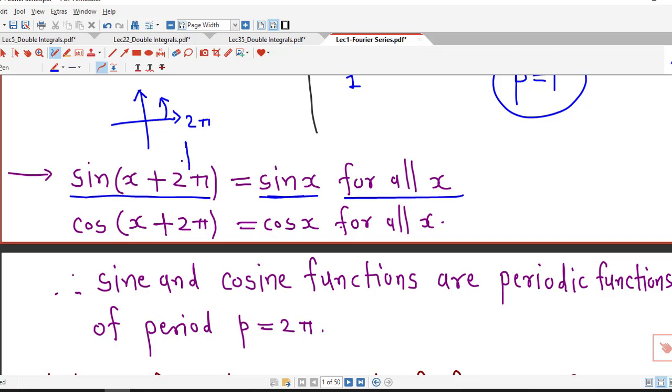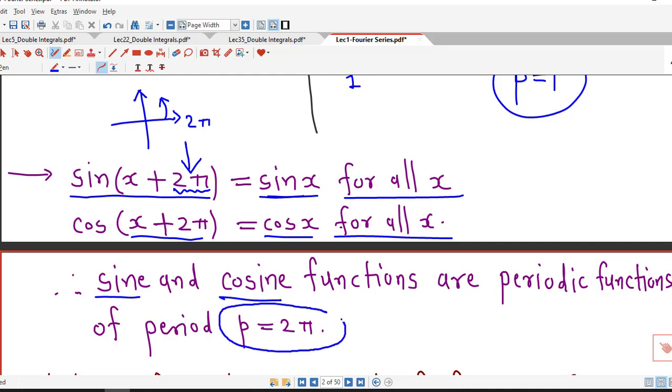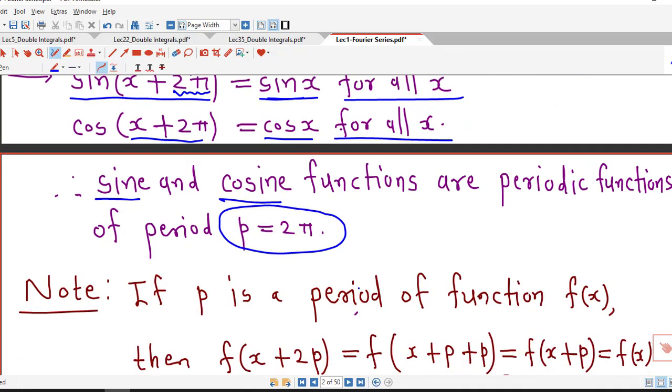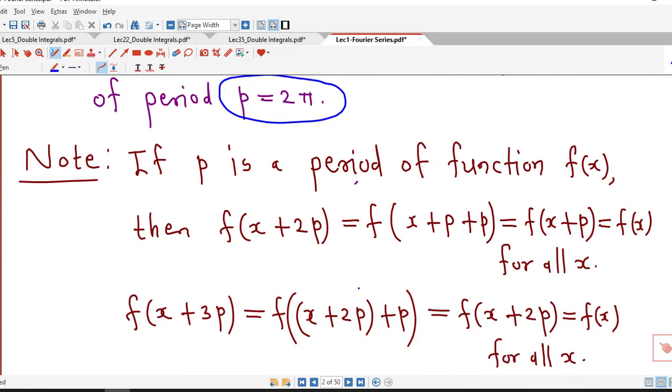Therefore sin x is a periodic function of period 2π. Similarly, cos(x + 2π) is also cos x for all x. So sine and cosine are periodic functions of period p = 2π. And geometrically, the graph of the sine function will be the same in every interval of length 2π.